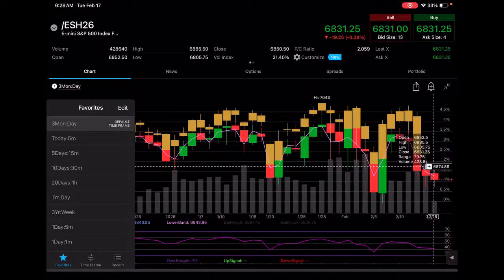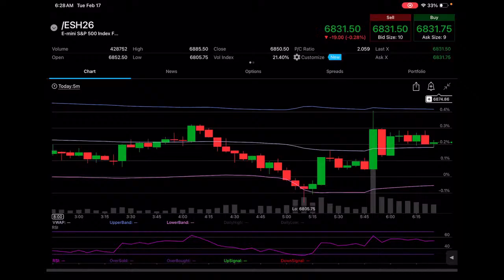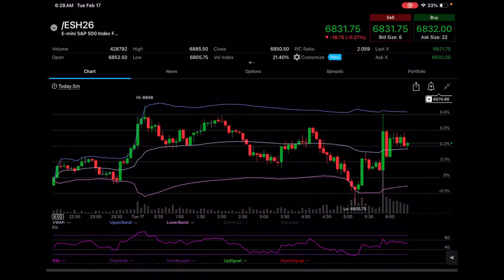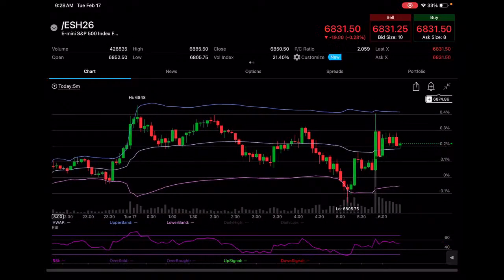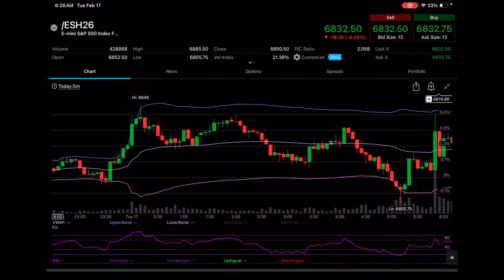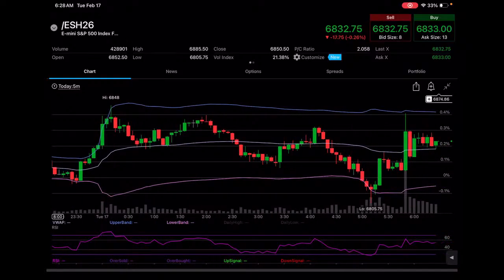So anyway, I am going to set us on a 5-minute time frame, and we don't see those gold bars anymore because we're waiting for market open, and then they will reappear. Okay, so we got a couple minutes, and we're just gonna hang tight for a second.